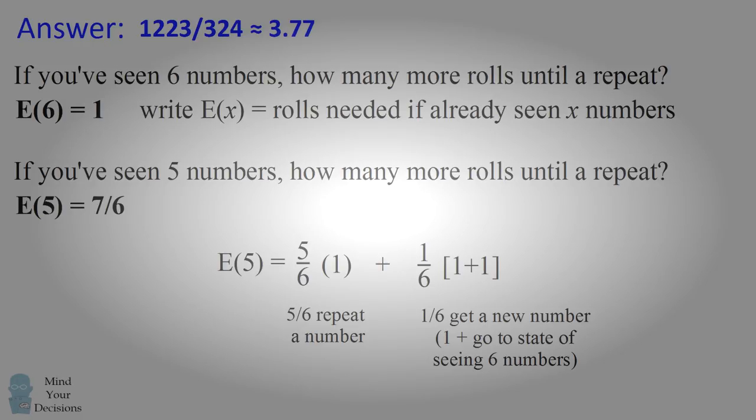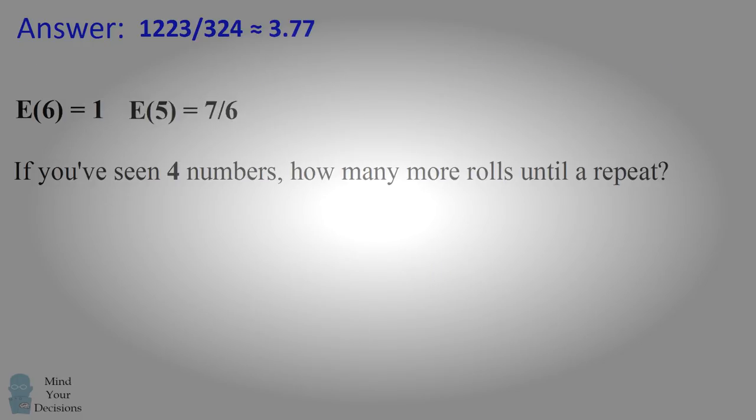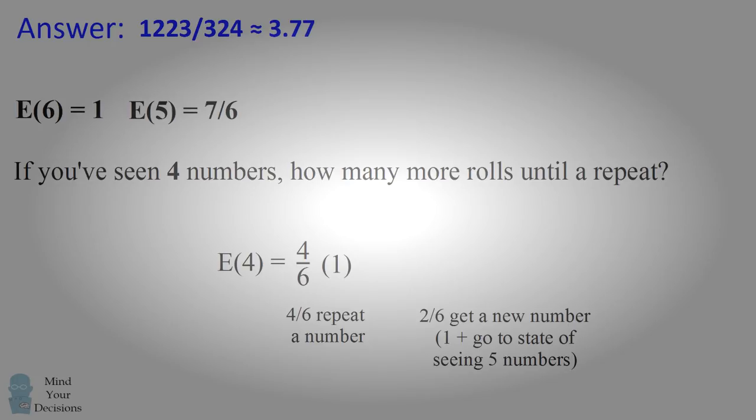So let's repeat this process. What happens if you've seen 4 numbers? How many more rolls are needed until you see a repeat? We'll set up a very similar expression for e of 4. There's a 4/6 chance that we'll repeat one of the numbers, and that very next roll will give us a repeat number. But there's also a 2/6 chance that we're going to get a new number.